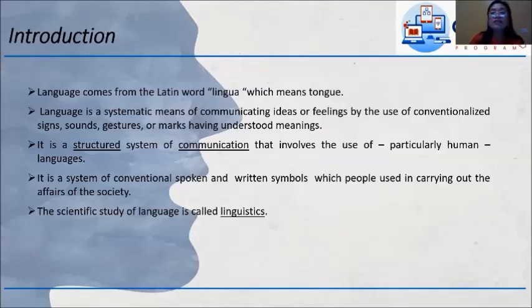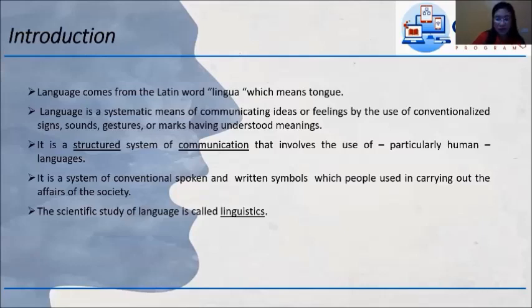Another definition we have here is that language is a structured system of communication that involves the use of particularly human languages. We human beings can communicate because of language. And we communicate either verbally or non-verbally.